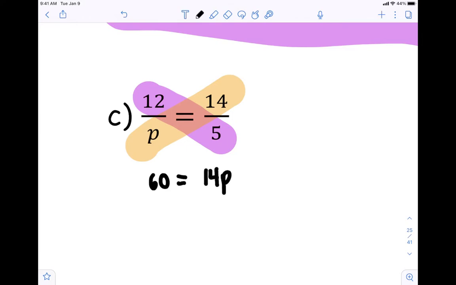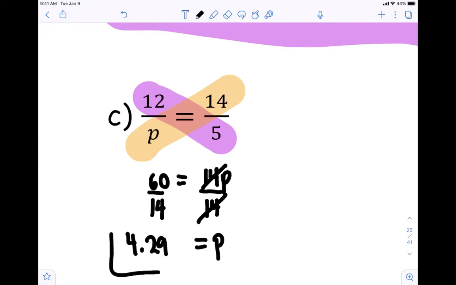So you did the light pink, and then you did the orange on the other side. Once you do this, always divide by the number in front of your variable. P should be left over, and in your calculator, you're doing 60 divided by 14, and I'm getting a decimal number of about 4.29 as my answer.